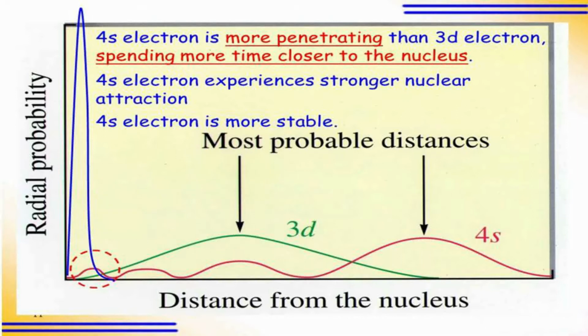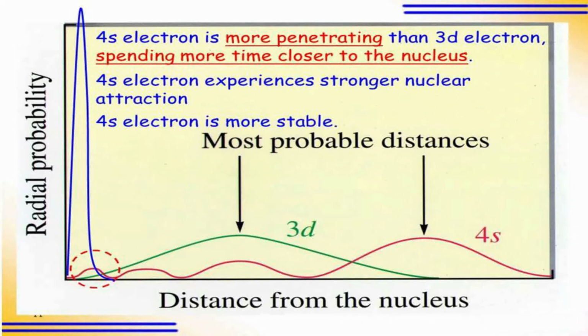So the combination of penetration ability and the shielding effect executed by inner electrons on outer electrons, in case of the nuclear force of interaction, in case of attraction towards the nucleus, the combination of all those decides the actual energy of the system.